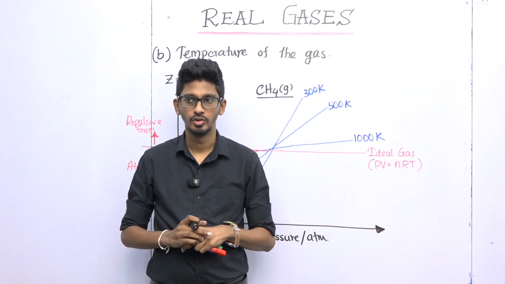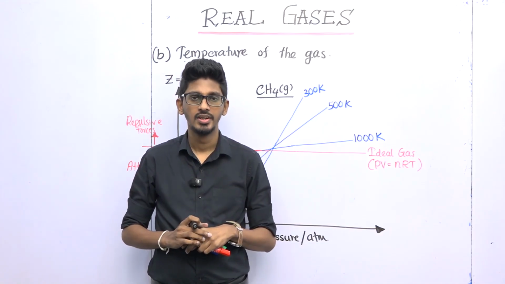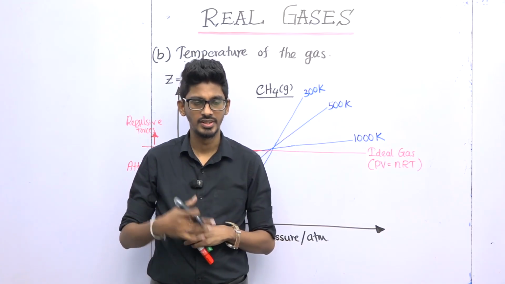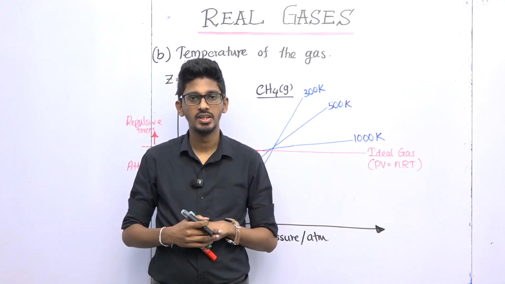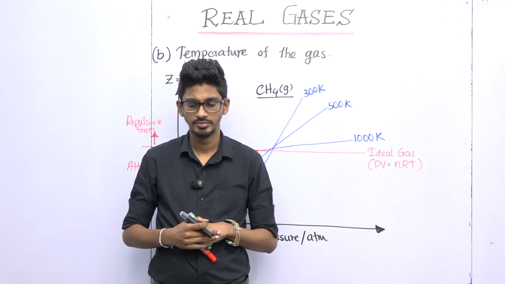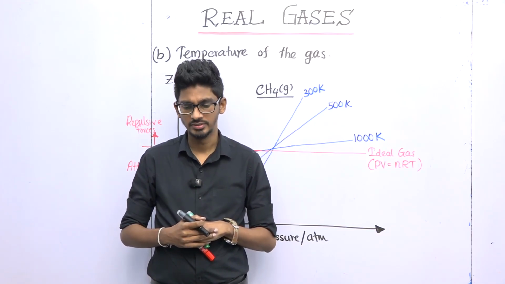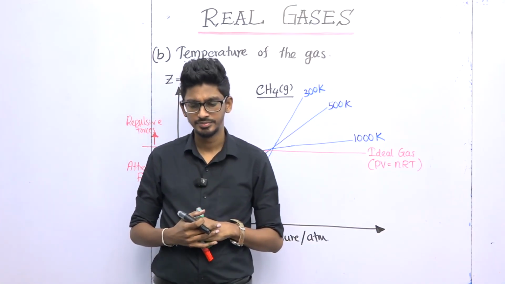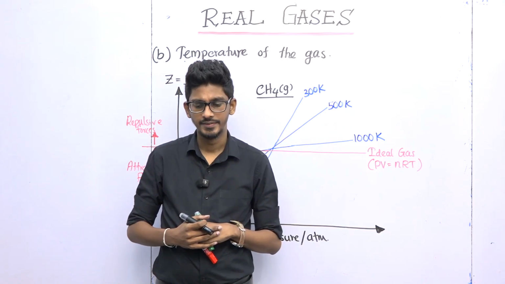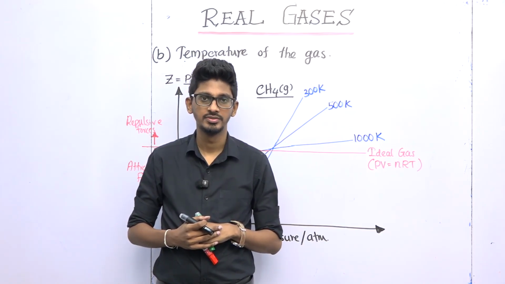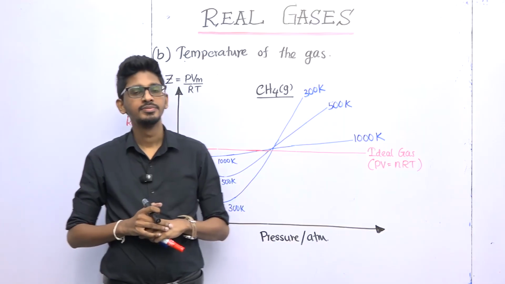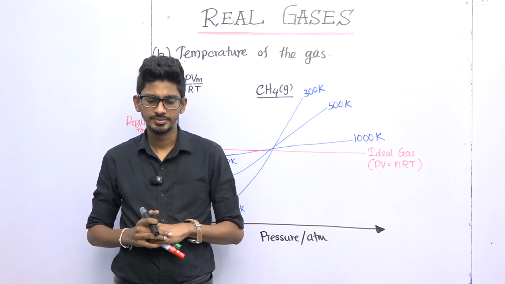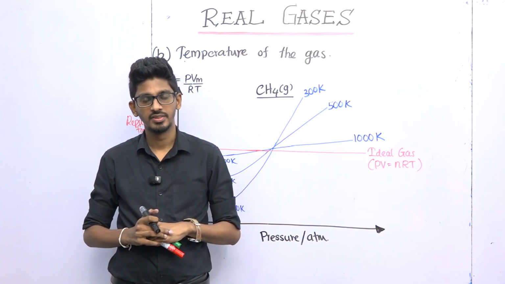So come to the red color and write in the next line: the curves would be more closer to z equals 1 (ideal behavior) when temperatures are high.